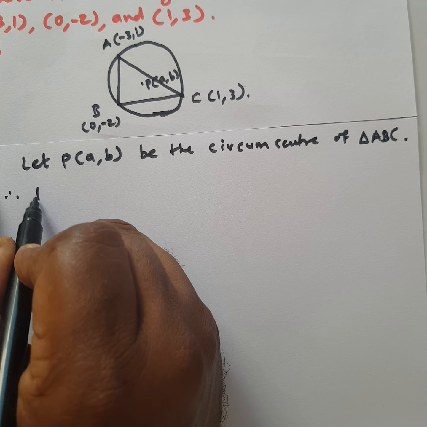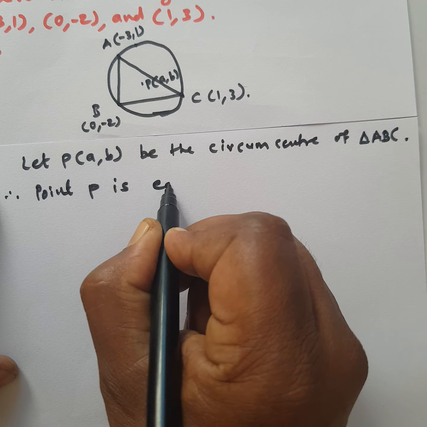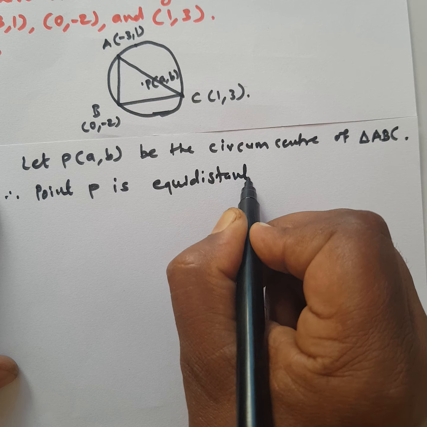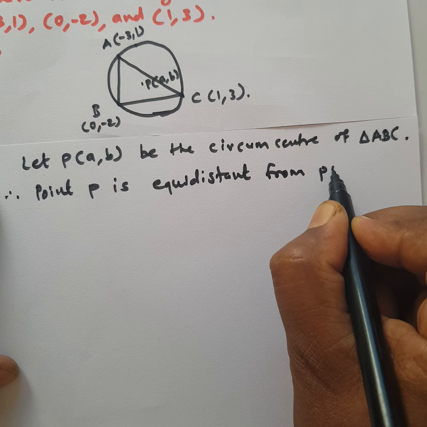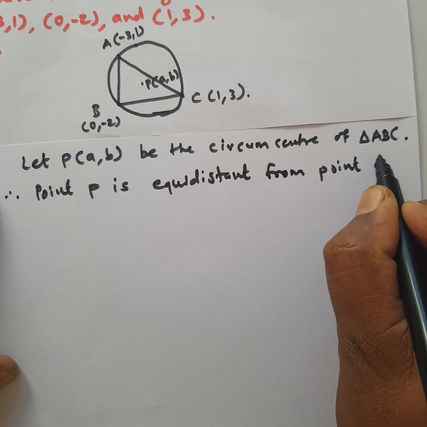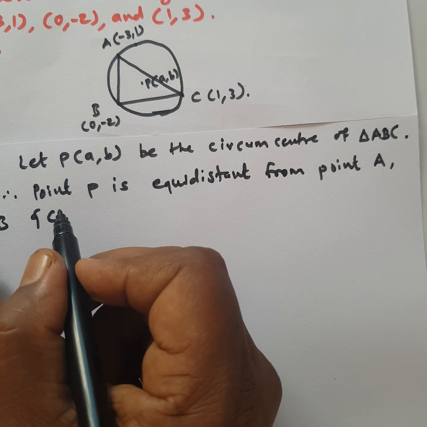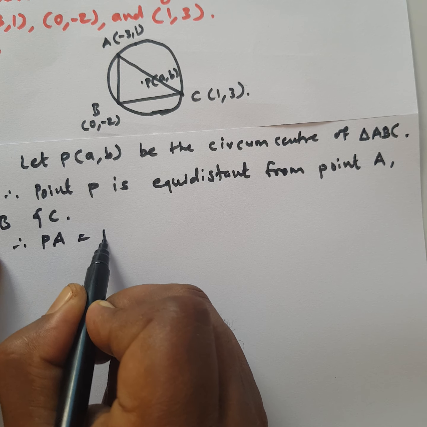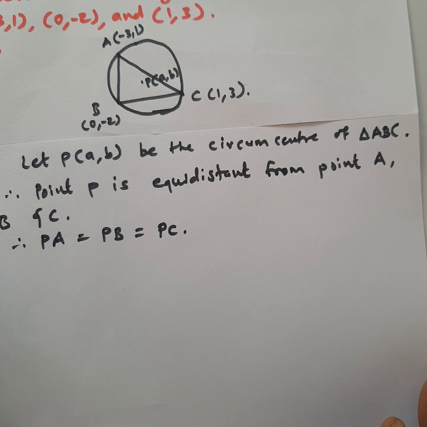Therefore, point P is equidistant from points A, B and C. Therefore, PA is equal to PB is equal to PC.